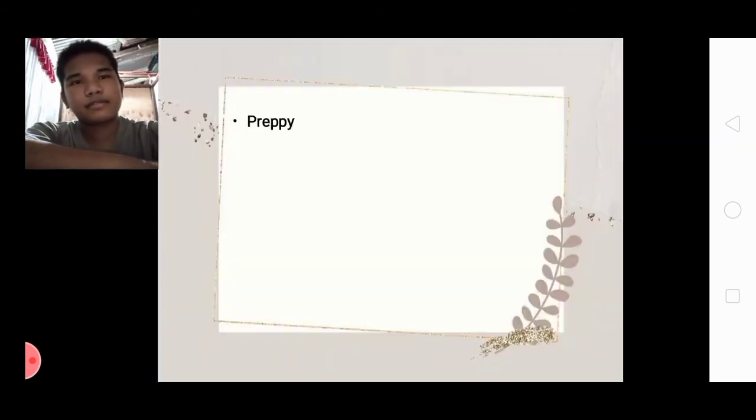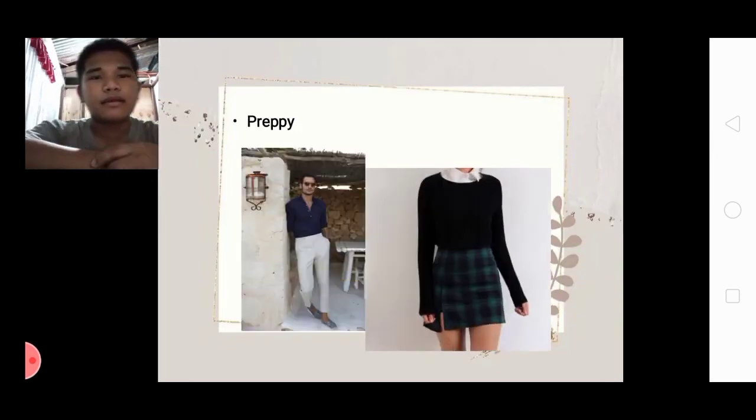Fourth is the preppy style. Preppy style is inspired by the clothing and uniforms traditionally worn at private East Coast prep schools and Ivy League colleges. Preppy style often takes inspiration from upper class sports like polo, sailing, tennis, and horseback riding.